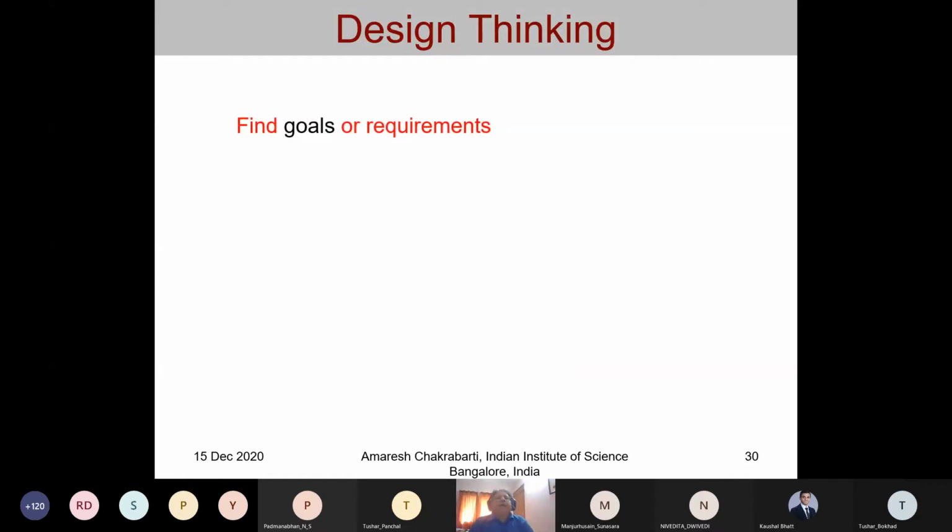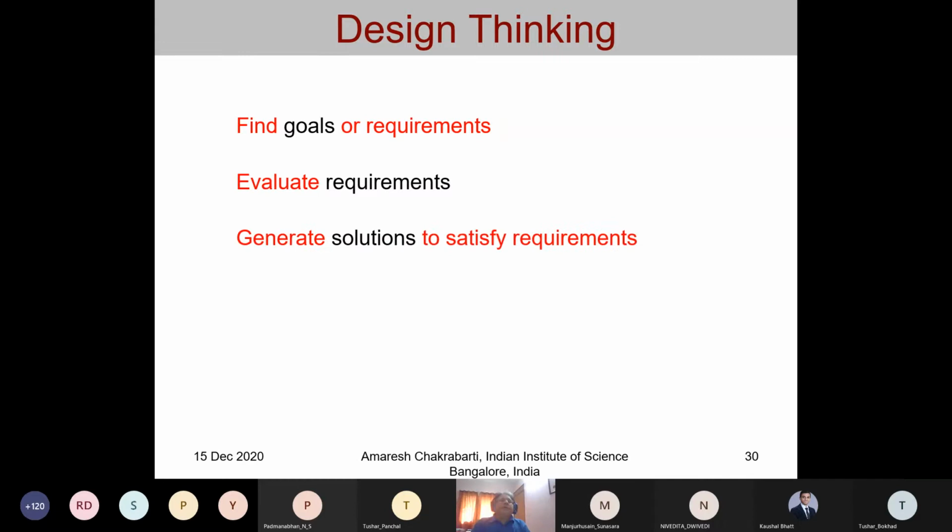Okay, it is finding what the goals are. We'll start calling them requirements. Evaluate them to see which requirements are more important, and then try and satisfy them by generating solutions. So these are the plans, and then evaluate them to see which ones are better or worse or where they are not particularly good, and then modify both of them.